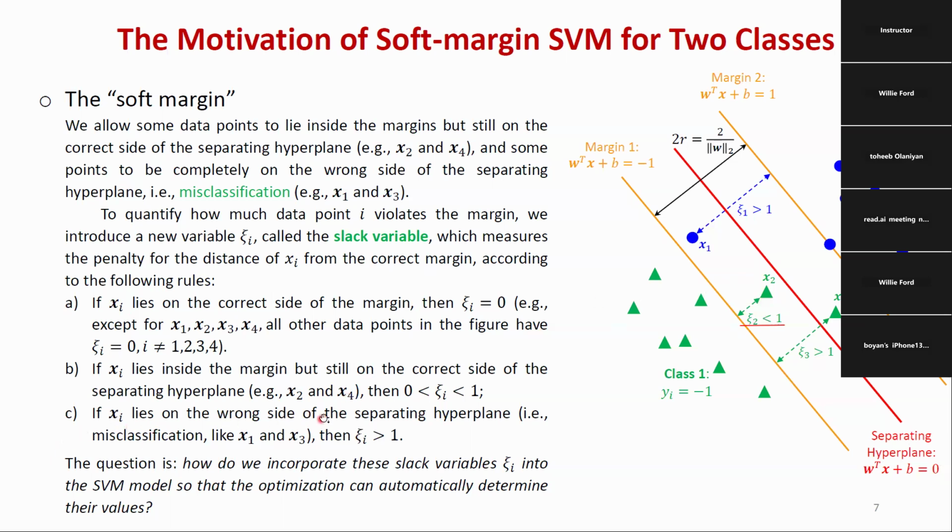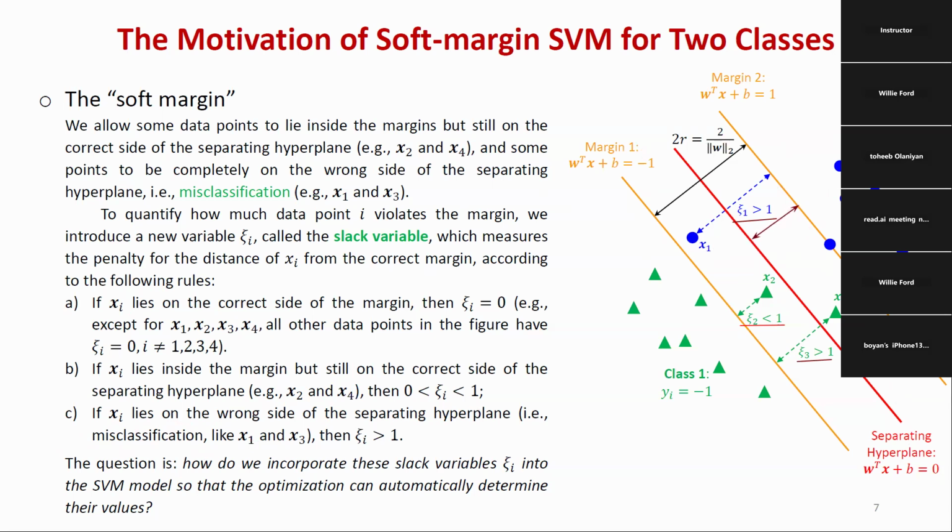And in the worst case, which means a misclassification like x1 and x3, in these cases, let me use a dark red color, where's x3, which is a misclassification. Similar things. Again, this distance is 1.